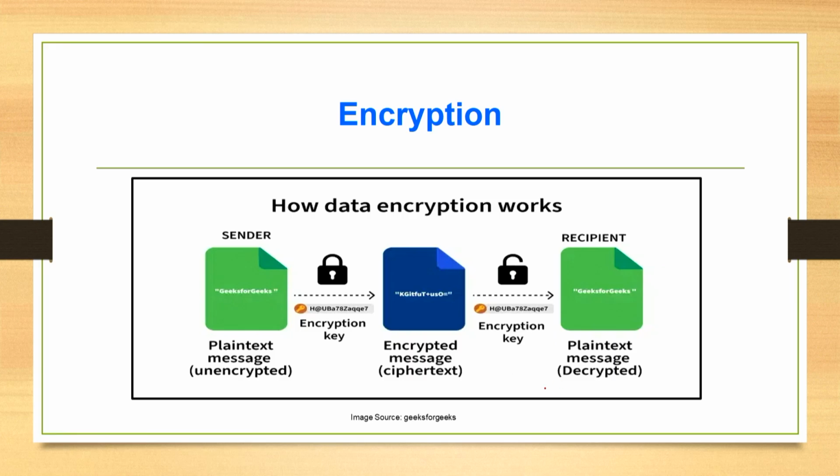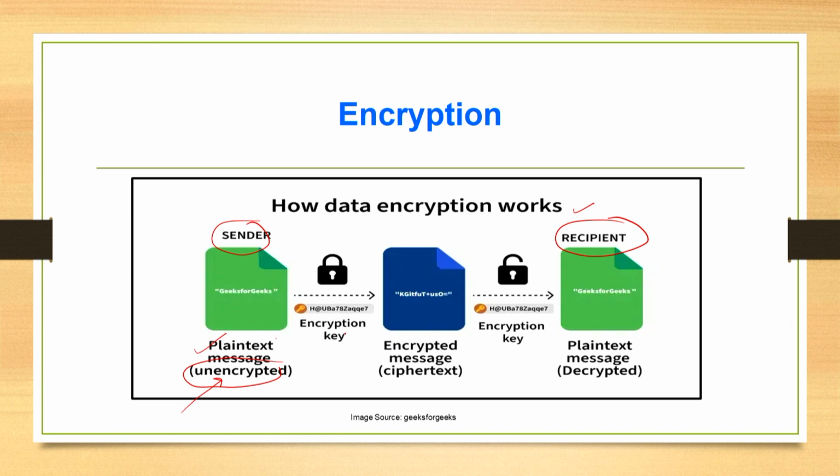This figure shows how data encryption works. Here we have the sender at one end and the recipient at the other end. The sender wants to send a message, which is the plain message, the unencrypted message, called plain text.